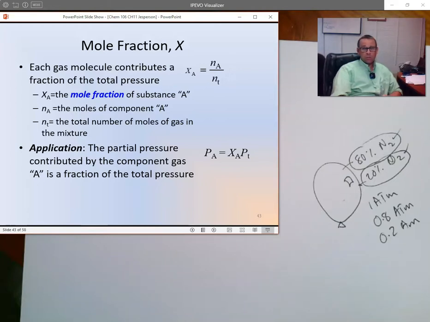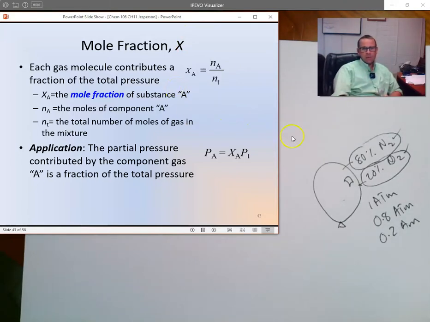Another helpful tool in thinking about the contribution of the different components is what we call the mole fraction of a material. So for example, if I knew the total moles of nitrogen and oxygen in this balloon, and I knew that it was 80% nitrogen, I could say that my mole fraction is, now fractions aren't represented in percentages, they're represented as a fraction of 1.